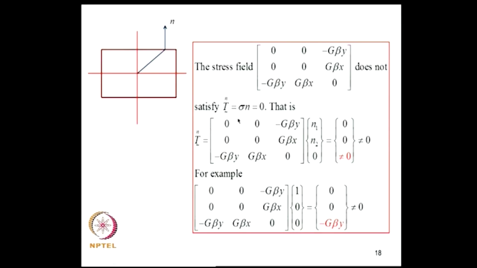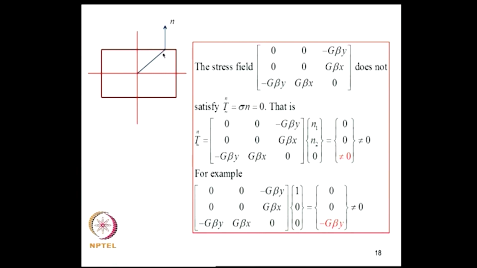If I write this, the third equation will be minus G beta y n1 plus G beta x n2. There is no reason why that should be 0. So, this stress field again will not continue to be applicable.